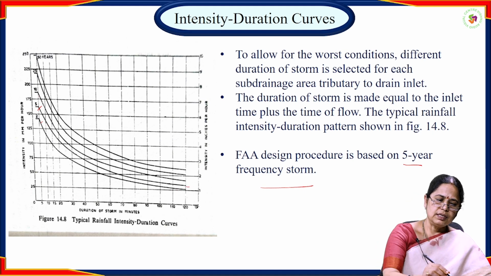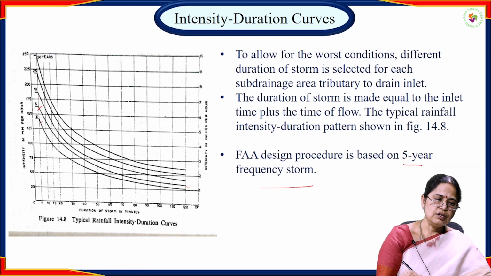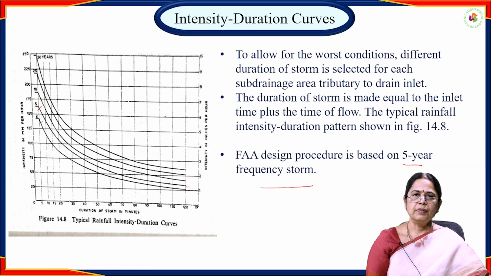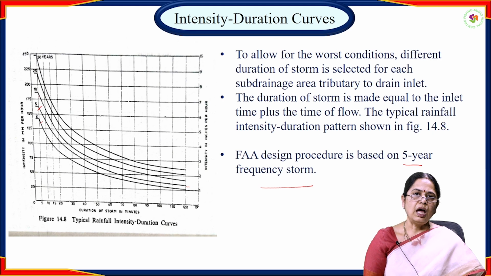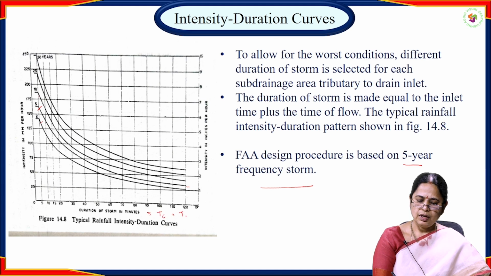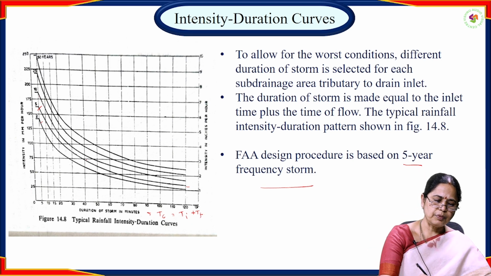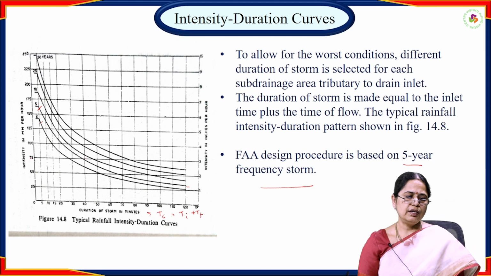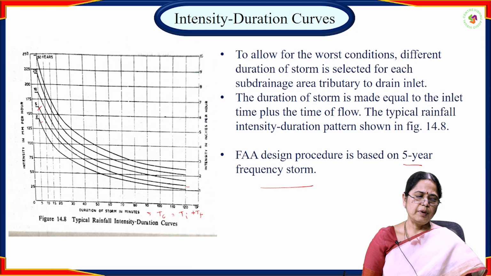So this graph is based on the duration of the storm and intensity of rainfall. Duration means nothing but time of concentration, which is time of inlet plus time of flow. So from this, interpolate and find out the intensity of rainfall in mm per hour.